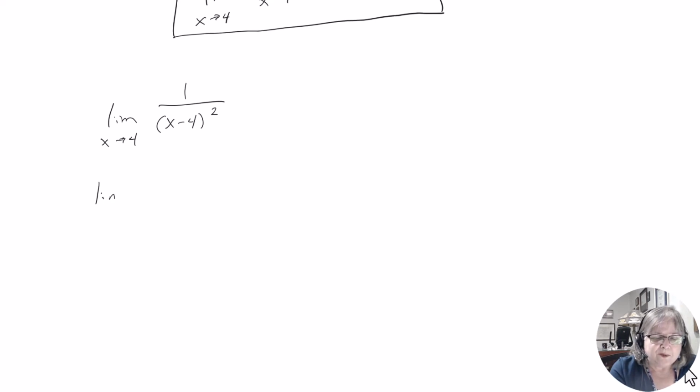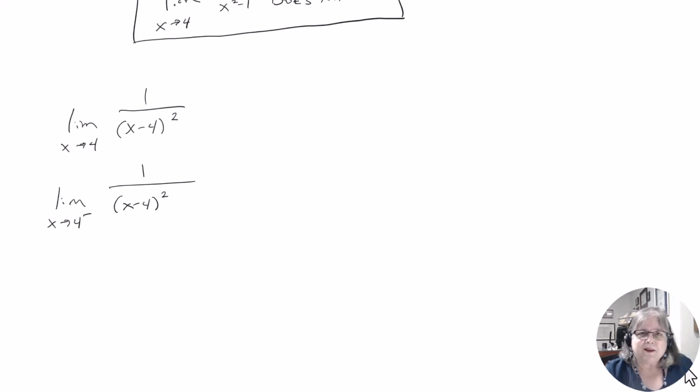You just have to remember that if it is a non-removable discontinuity, or anytime really, a two-sided limit is asking you for the left and the right. But a lot of times we can get away with just looking at it as a two-sided limit, if it's continuous at that point, or if I can remove the discontinuity. That's amazingly hard to say. All right, limit as x approaches 4 from the right.